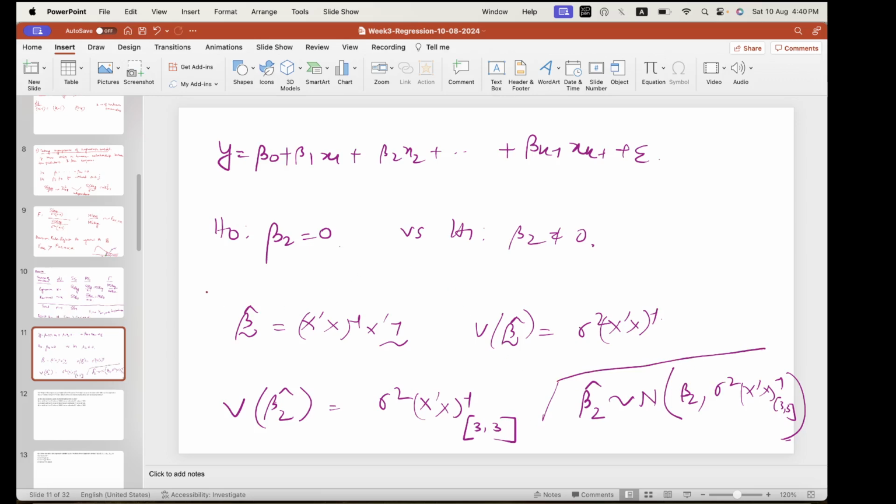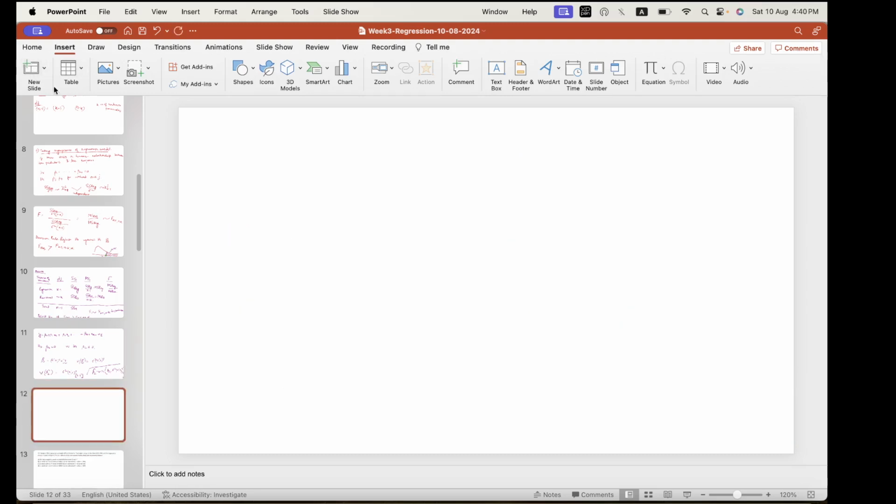we can just formulate our own test statistic. So the test statistic is beta j hat minus beta j by root over sigma square hat (X prime X) inverse jj.